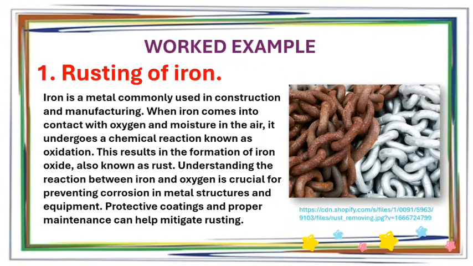This results in the formation of iron oxide, also known as rust. Understanding the reaction between iron and oxygen is crucial for preventing corrosion in metal structures and equipment. Protective coating and proper maintenance can help mitigate rusting.